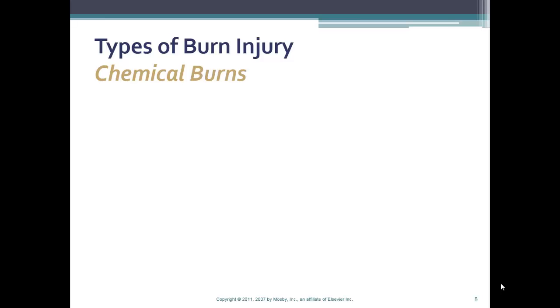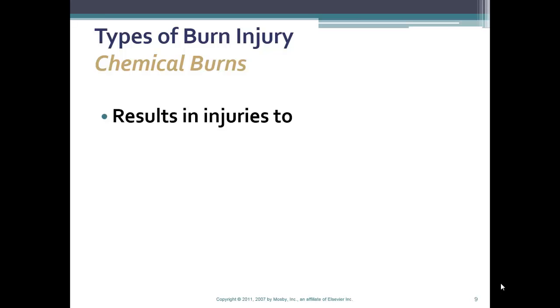A chemical burn is from acidic chemicals, like household cleaners or battery acid. These are really hard to manage because the damage continues on for up to 72 hours after the initial injury.